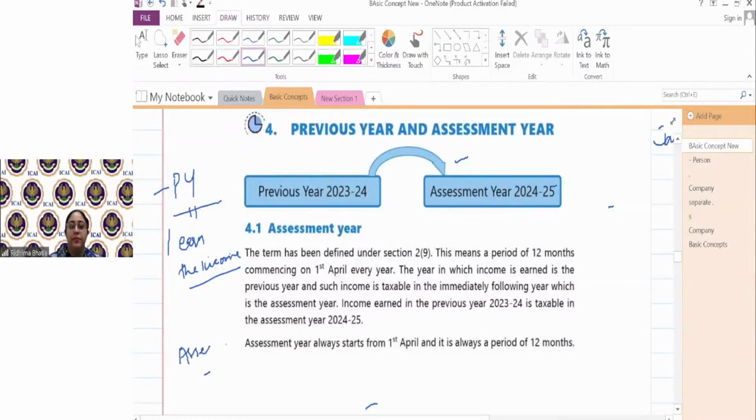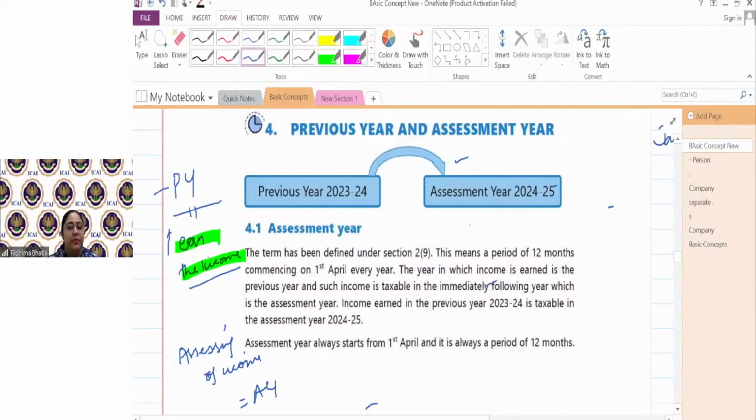So, earning of the income happens in the previous year, but assessing of the same income happens in the assessment year. Earning happens in the previous year, and this same income is assessed in the assessment year. So, can I say the income earned in the previous year is taxable in the immediately following year, which is called the assessment year?